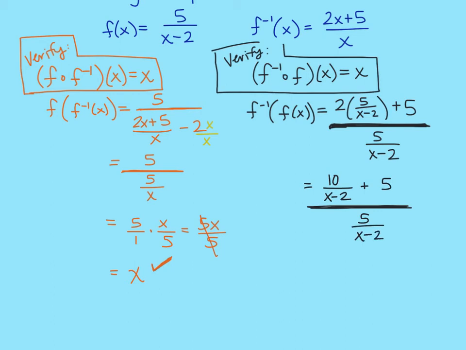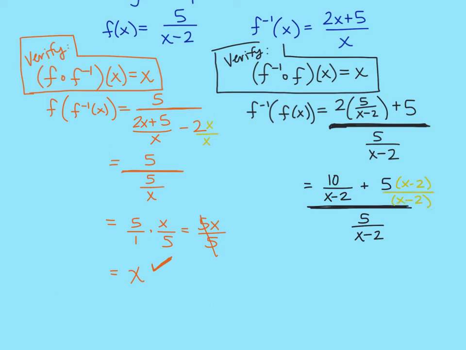Now, like we did over here, when we had the fraction in the denominator here, we wanted to get it down to one fraction by getting a common denominator. So up here we want to do the same thing. That common denominator should be x minus 2. So we're going to multiply both top and bottom of this 5 by x minus 2.